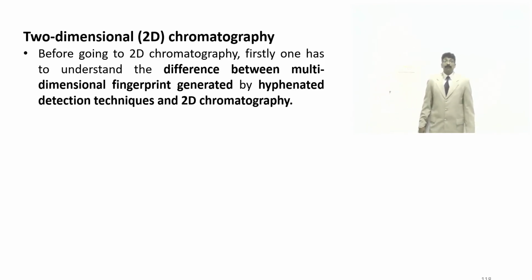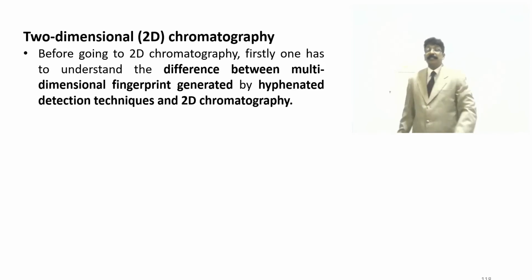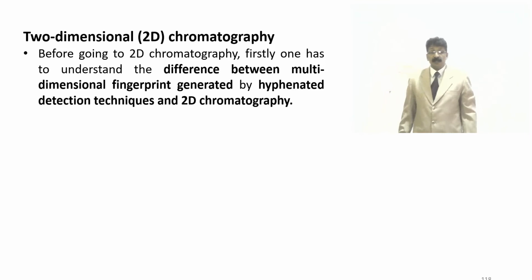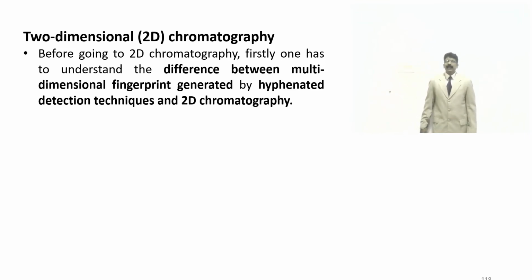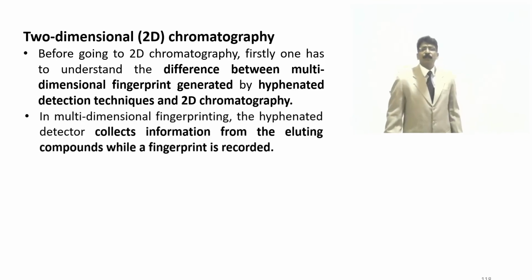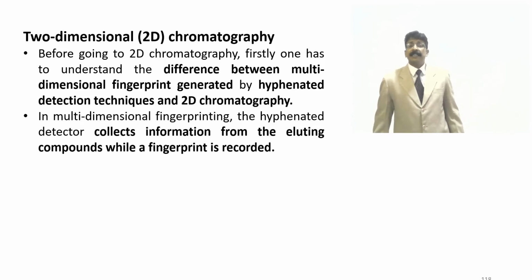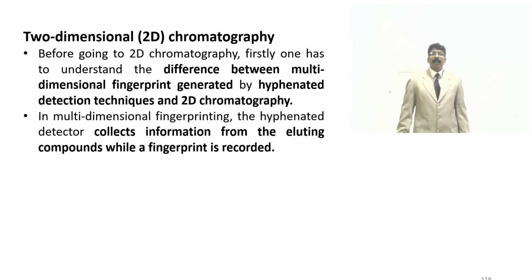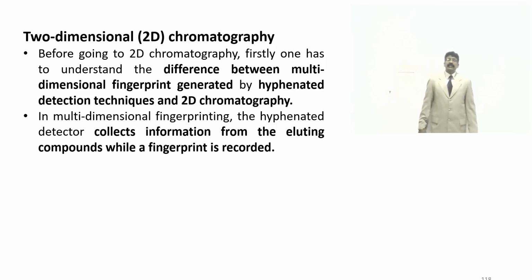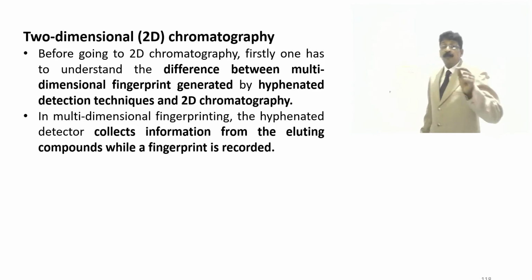Hyphenated detection technique, just now we discussed, uses two instruments, two technologies, giving a specific focus on the confirmation of a compound very clearly and easily, and also reducing the time of analysis. In multi-dimensional fingerprinting, the hyphenated detection collects the information from the eluted compounds, while in the fingerprint is recorded.